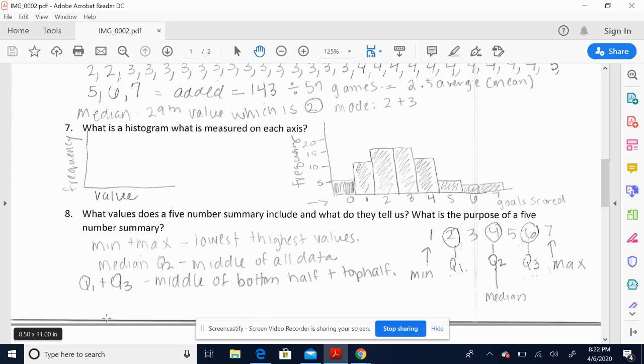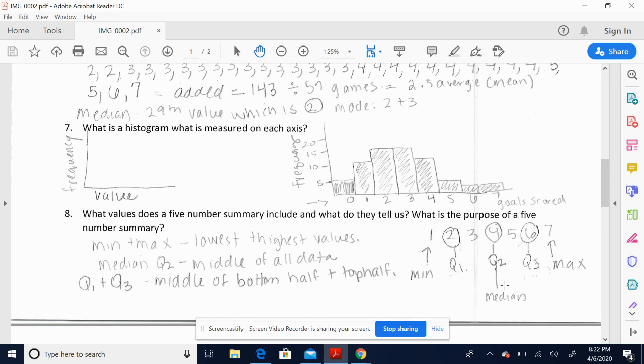So how do we find these? First of all, I'm going to pretend like this 1 through 7 is my set of data. I'm easily going to mark off the min and the max. That's easy to find. And if I work my way high, low, high, low, high, low, I see that I've got my Q2 or median here at 4.